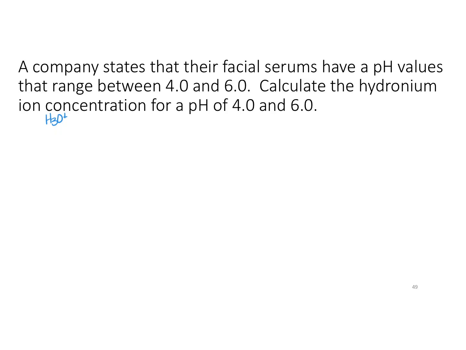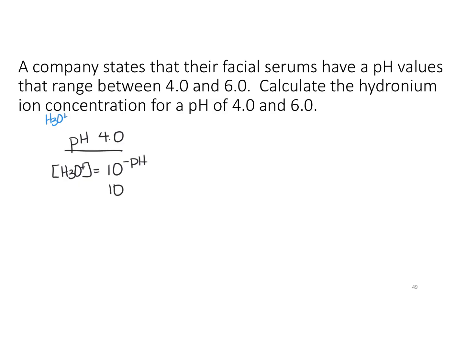So let's calculate the H3O+ for the pH of 4.0. When we do this, for that H3O+ concentration, we would take the anti-log button, the second log, which a lot of times is a 10 to the x, and raise it to the negative pH.